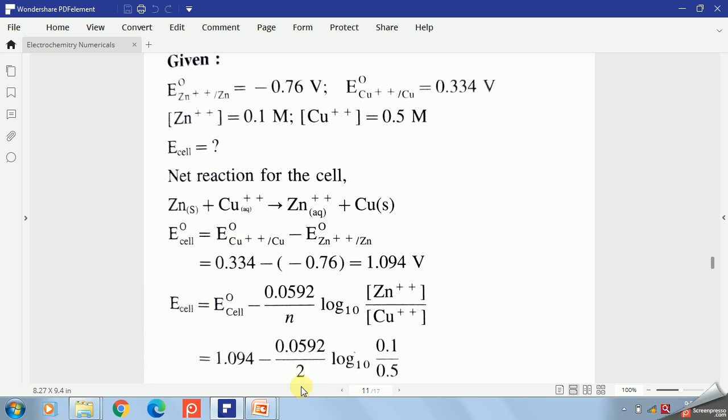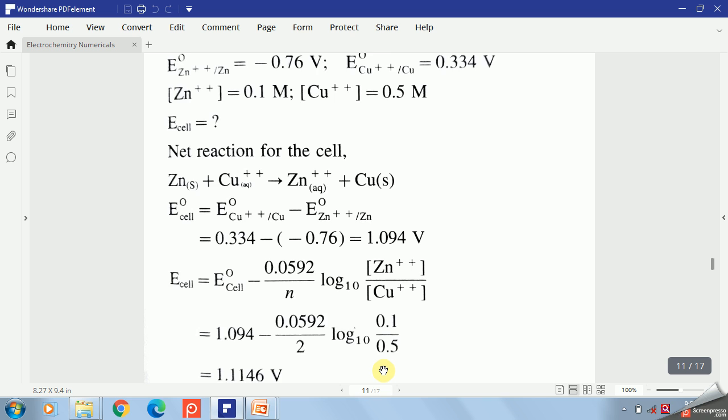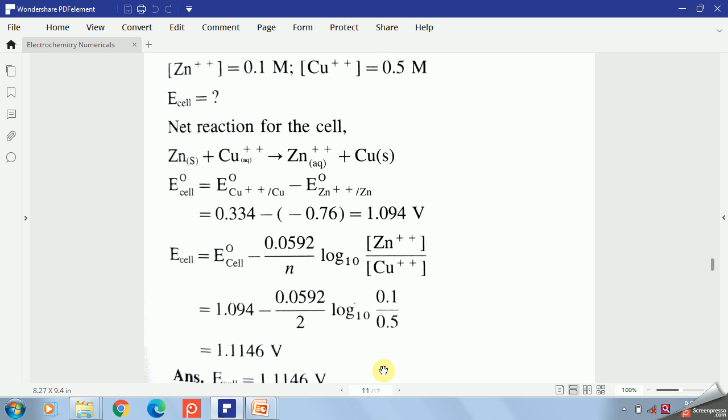So how many electrons are transferred? That is 2. It is written as 2 into log of concentration of Zn2+ is 0.1, that of Cu2+ is 0.5. Actually this numerical is for 4 marks. Here it is wrongly written as 2 marks.